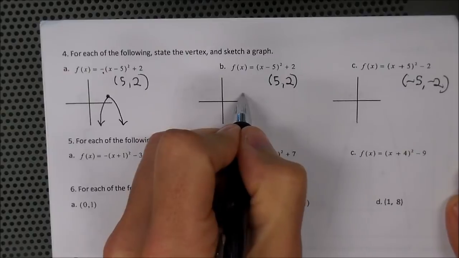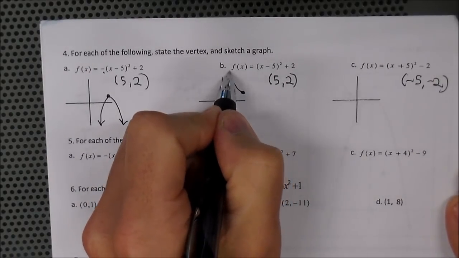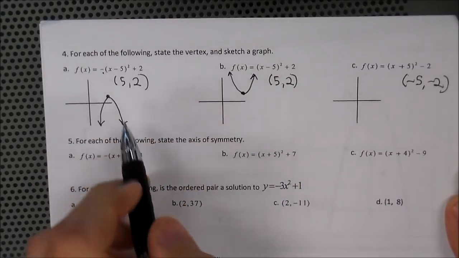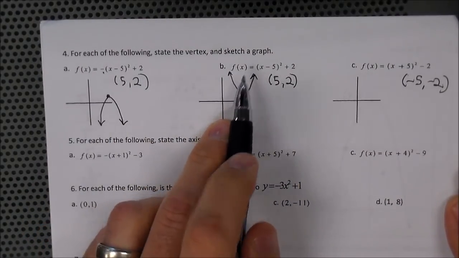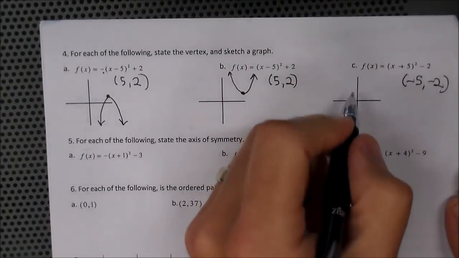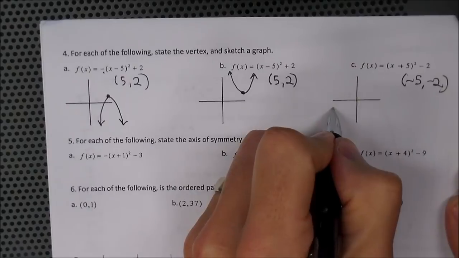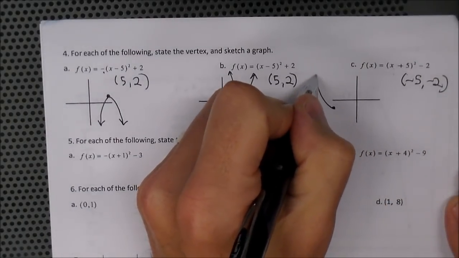For part B, 5, 2 being the same vertex, but we have a positive a value, so it opens up. And you see the difference between the two. With the negative value in front, it opens down. Positive, it opens up. The last one has a vertex of negative 5, negative 2. But our a value is positive, so it would open up.